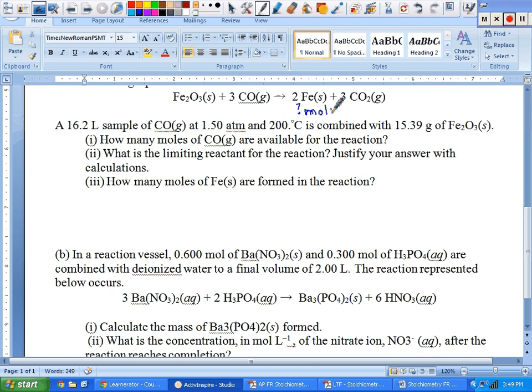The moles of the limiting reactant was what? 0.09 something. Thank you. 64 moles of Fe. How simple is this question? We're going from what to what? Mole to mole. That is a one-step, wham, bam, thank you, ma'am problem. And it's a 1 to 2.